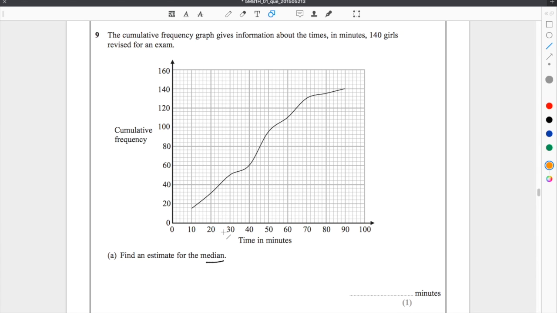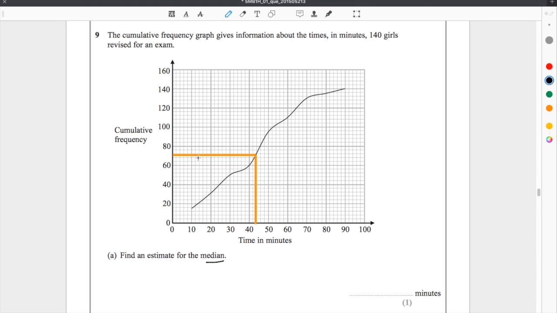The median is always the middle value, so we halve 140. Half of 140 is 70. So let's find 70 here, which is going to be there. Draw a line across to the graph. There we go. And then we draw a line vertically down, which is there, and we read off the value.